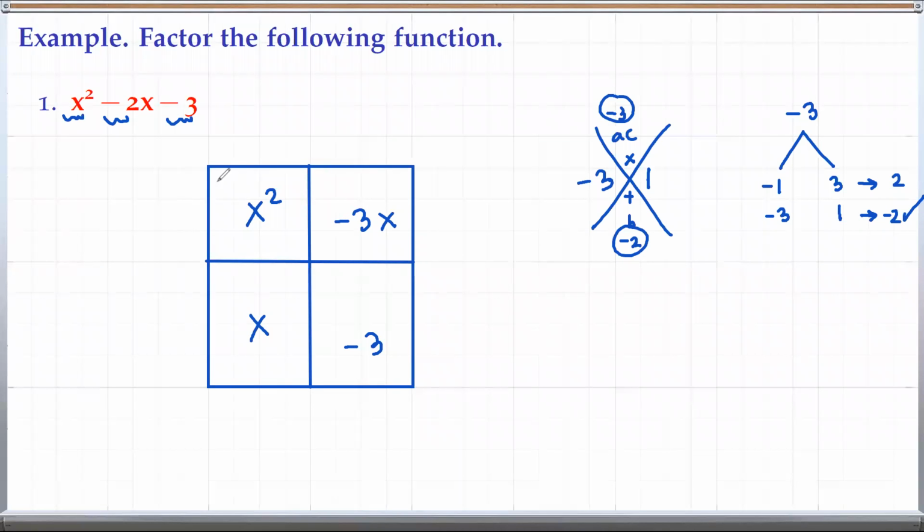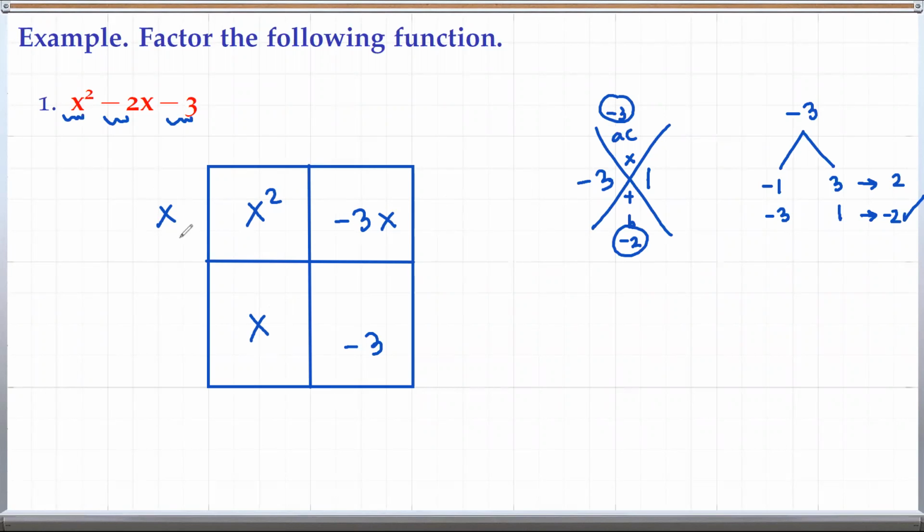All right, so now we look at the first row, or we can look at the first column. Let's look at the first row. What is the highest common factor between x squared and -3x? x is the highest common factor between these two.